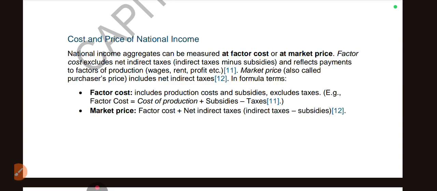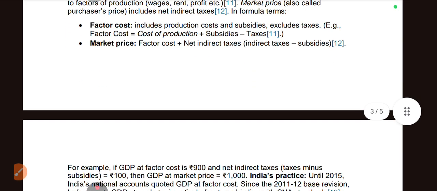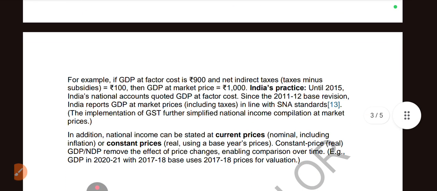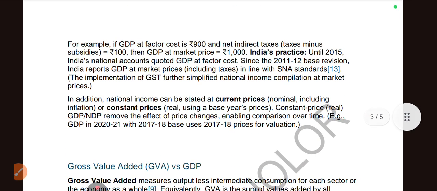Factor cost includes production cost and subsidies, and excludes tax. In factor cost there are no taxes. In market price, it is factor cost plus net indirect taxes minus subsidies. For example, if GDP at factor cost is 900 and the net indirect tax is 100, then GDP at market price is 1000.